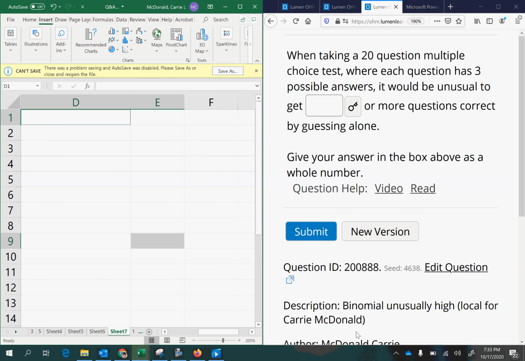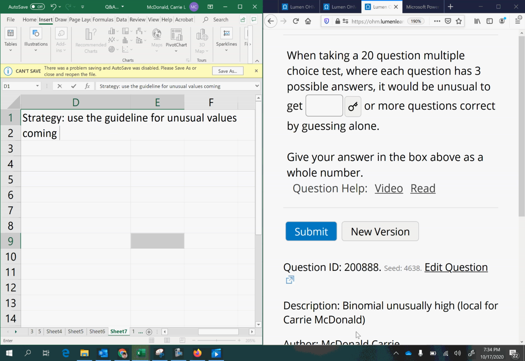Okay, so our strategy is to use the guideline for unusual values, which is coming from the range rule of thumb.